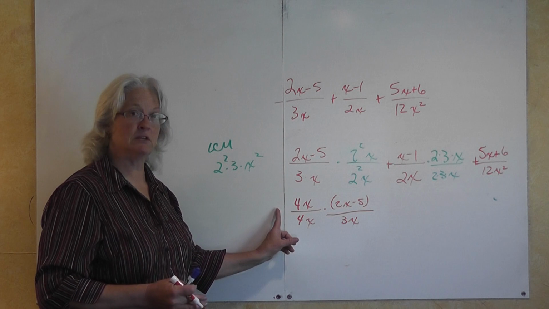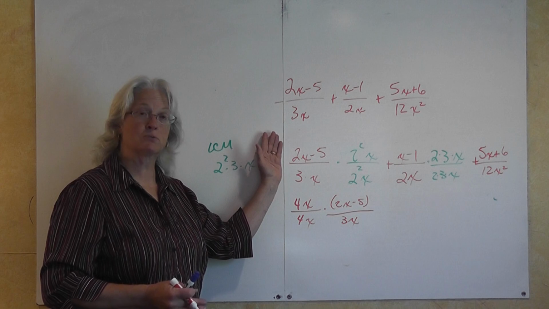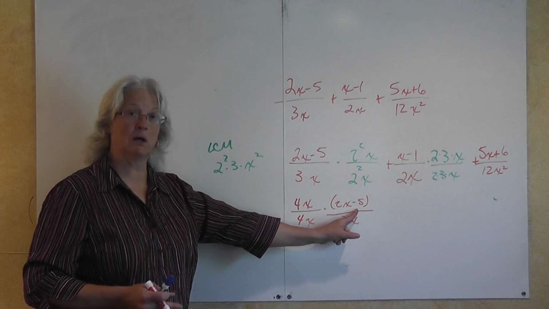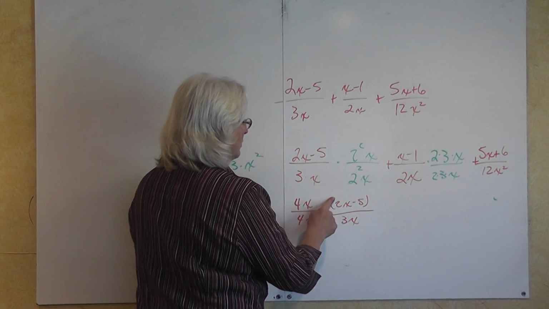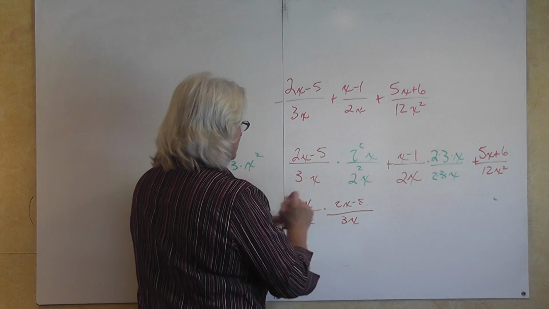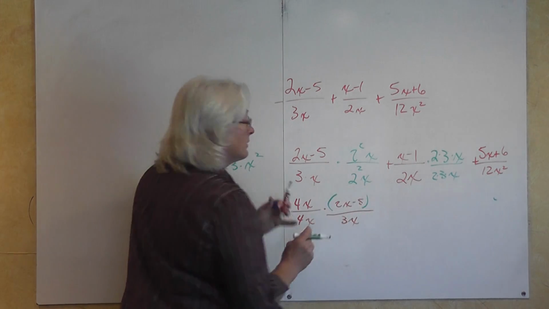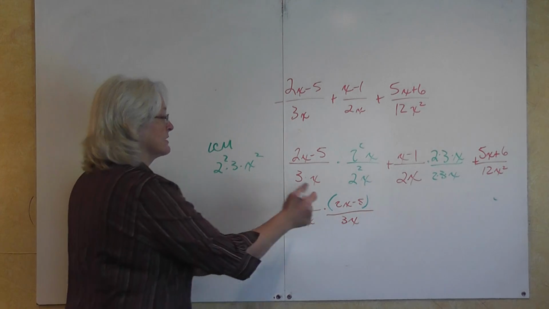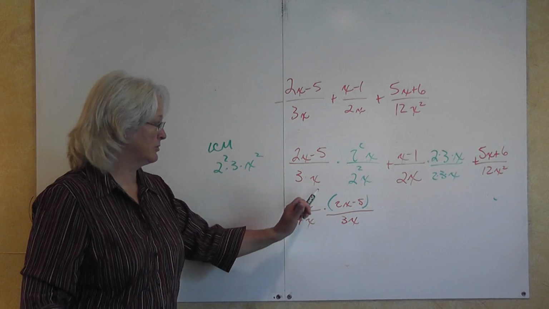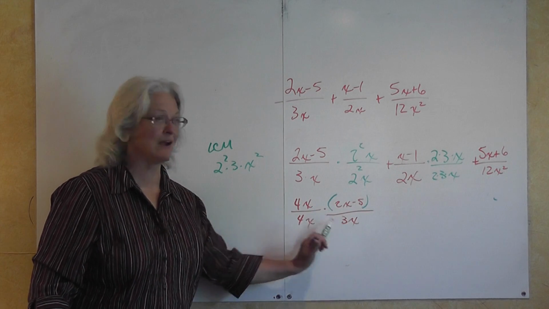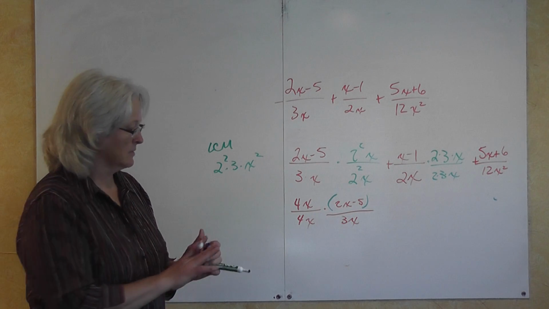I've moved this into before our original rational expression here because we're going to have to multiply that binomial. And I want you to notice, matter of fact, I'm going to add these in green. I want you to notice that I added parentheses in here because you are multiplying the entire product. You're not just saying 4x times 2x. You're multiplying this entire factor here, 2x minus 5, to get your resulting product. Now, what do we have?